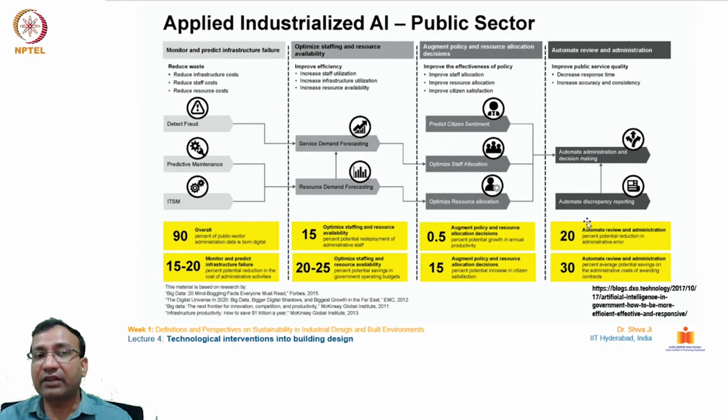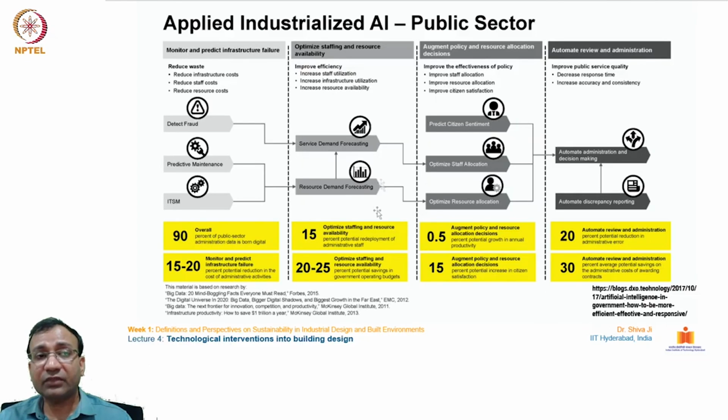So at this stage we are automating administration and decision-making processes, so that things can work efficiently. Finally, in the numbers, in an overall sense, 90% of public sector administration data is born digital. For monitoring and predicting infrastructure, a 15 to 20% potential reduction in the cost of administrative activities is possible through these measures, such as detecting fraud early and predictive maintenance.